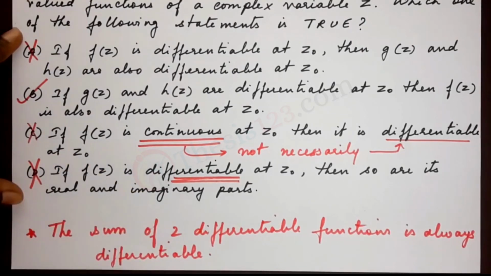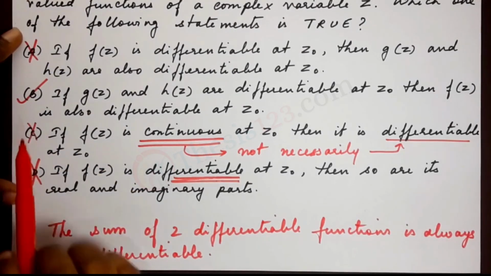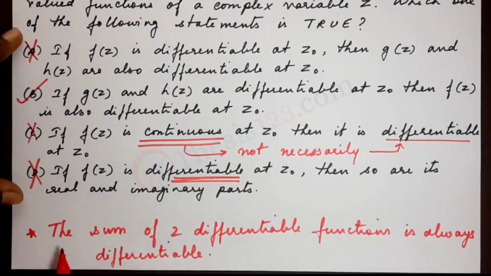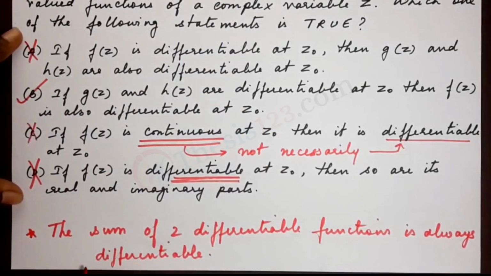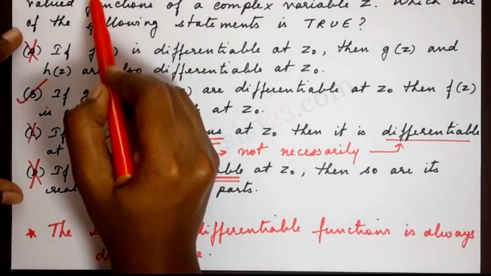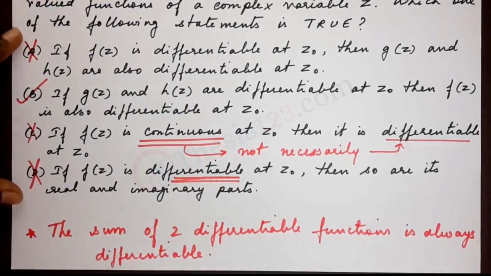So D also rules out. So the right answer here is B, where the sum of two differentiable functions, g(z) and h(z), is always differentiable. Therefore, f(z) is differentiable. Well, B is the right answer, and I hope this explanation has helped.